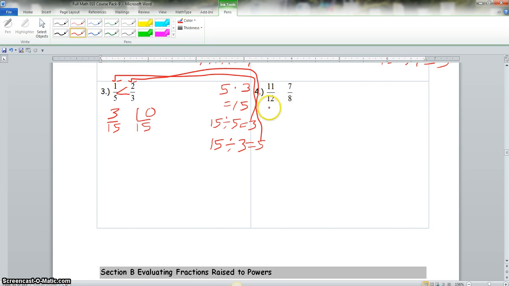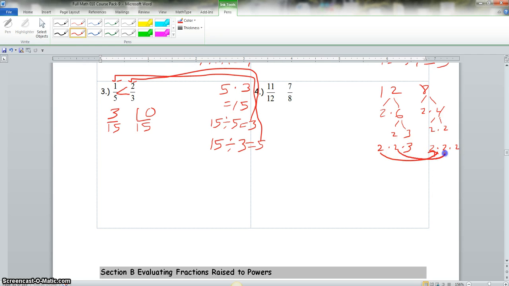Now we come to problem number 4. We find a prime factorization of 12 and 8. 12 becomes 2 times 6, and 6 becomes 2 times 3. So the prime factorization of 12 is 2, 2, and 3. Now we look at 8. We add 2 and 4, and 4 becomes 2 and 2. So our prime factorization is these 3 2's. Now if we notice here, I went over a little too far.